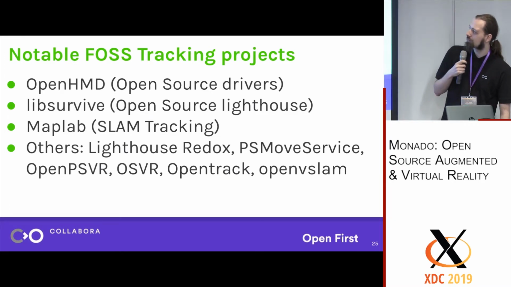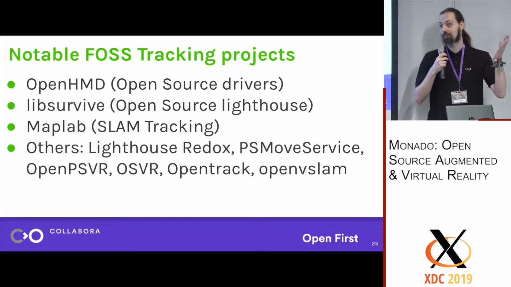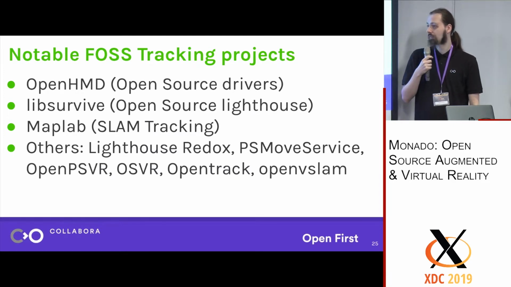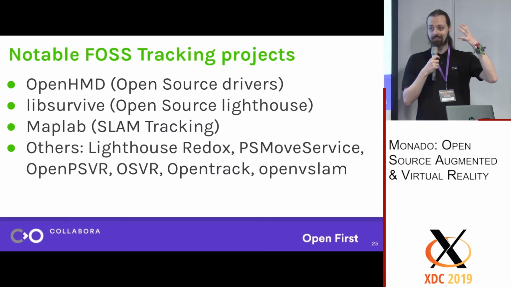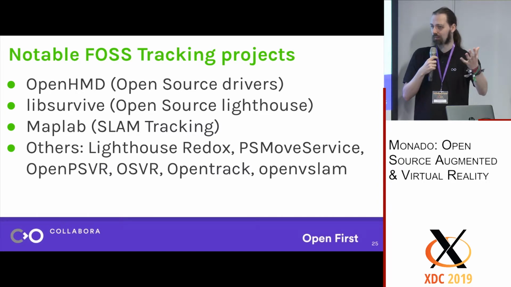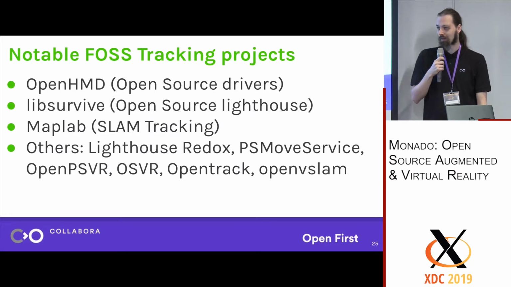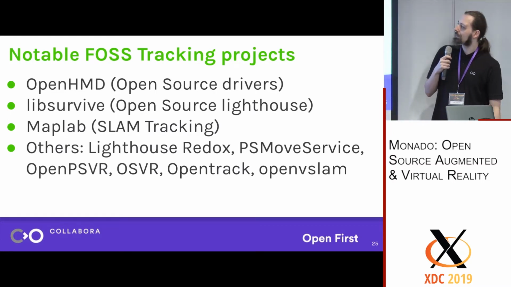Maplab is something that's pretty awesome. SLAM tracking is going to be the next big thing, or it currently is the next big thing for VR and AR, because it uses inside-out tracking. So instead of the room following the headset, the headset is mapping the room. And this uses stereoscopic cameras and a lot of CV and a lot of very frustrating DSP math in order to get information about the room, which is pretty cool.